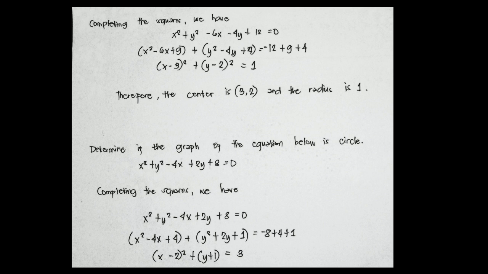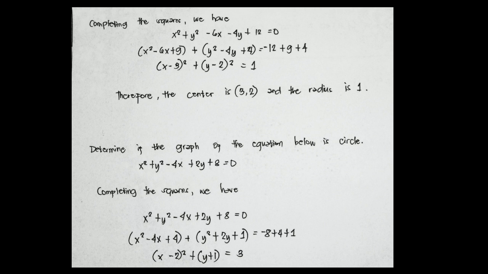So the factor of x squared minus 6x plus 9 is equal to x minus 3 squared. If we simplify this equation, x minus 3 squared, the answer is x squared minus 6x plus 9.